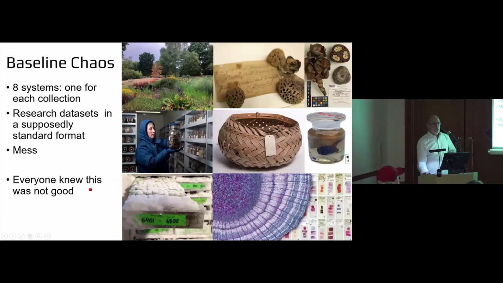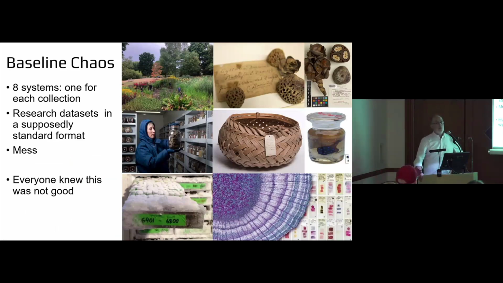In the beginning, it was chaos, and out of chaos came more chaos. We started off with at least 8 collection management systems, maybe 9. Some of them had 2. Researchers had their own databases, which began as standards, but researchers don't trust researchers with standards. They'll do their own thing anyway. But that wasn't the biggest problem.